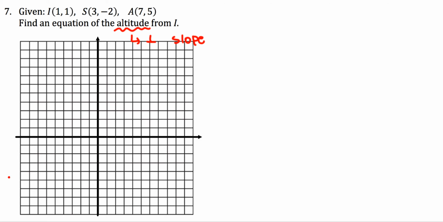Now here we have 1, 1, that's I, and 3, negative 2, that's S, and then 7, 5, A. Now, so here we get a triangle that goes from here to here.